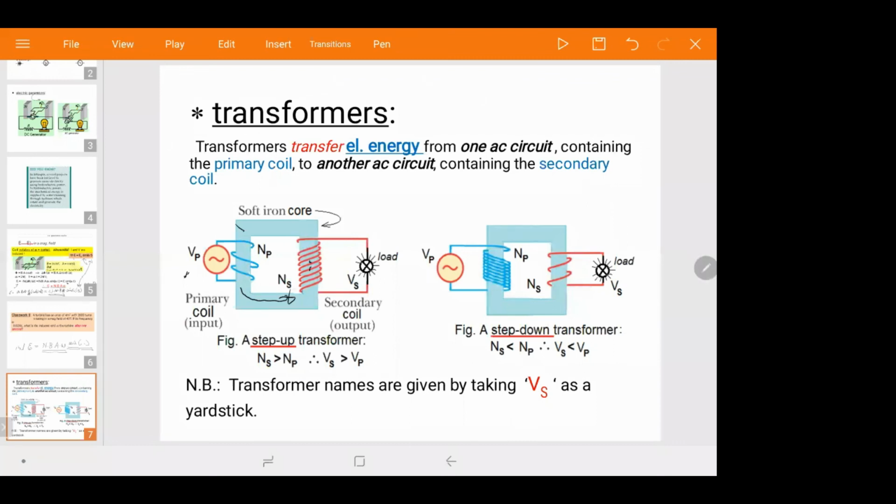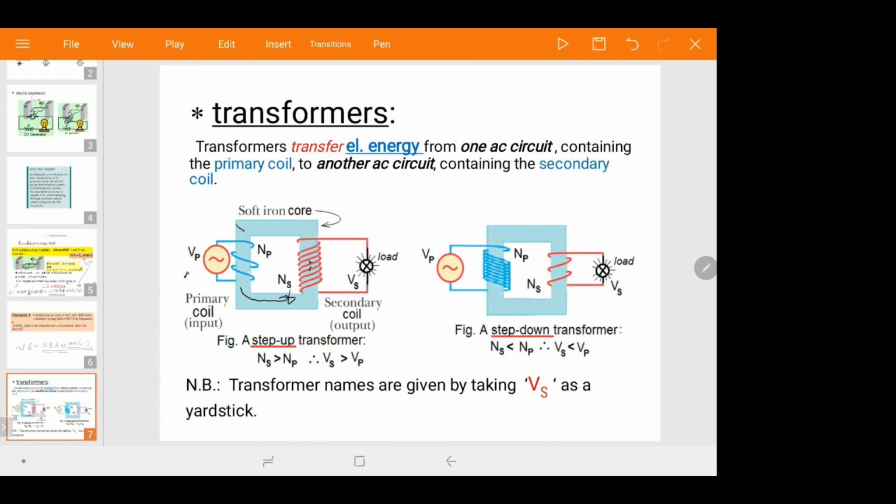So we ask the question. First of all, this thing is mutual induction, and the coil on the left side is called the primary coil. The coil on the right side is called the secondary coil because it's not the one which is causing the whole thing. Voltage is induced in it. So this is called the secondary coil.